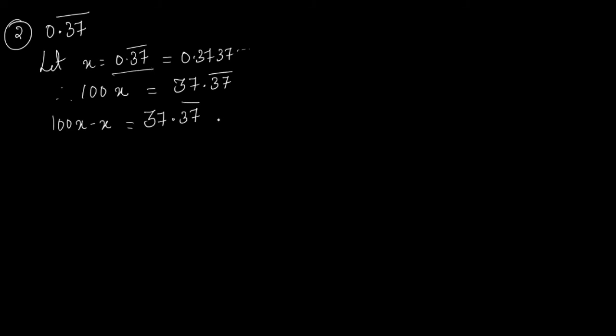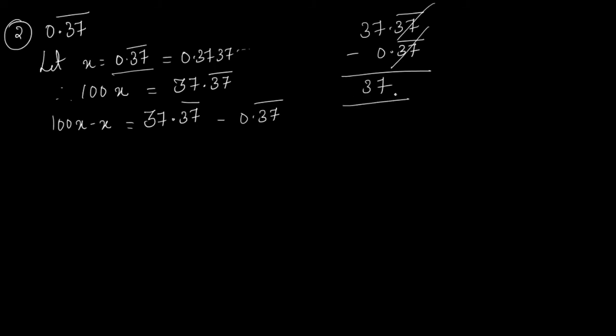x is 0.37 bar. So as I had taught you all, 37.37 bar minus 0.37 bar. What is going to happen? This gets cancelled. So what remains over here is going to be 37. So 100x minus x gives you 99x is equal to 37. Therefore, x is equal to 37 by 99.